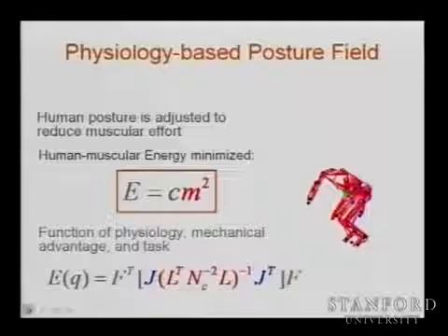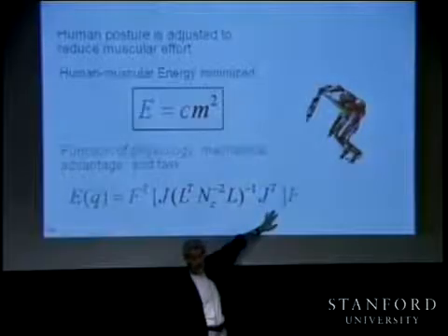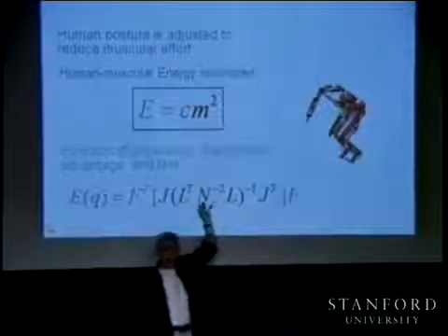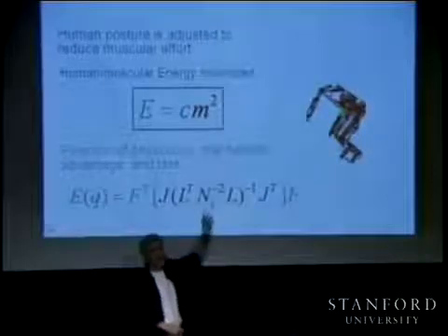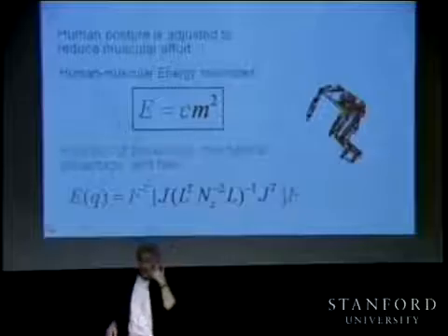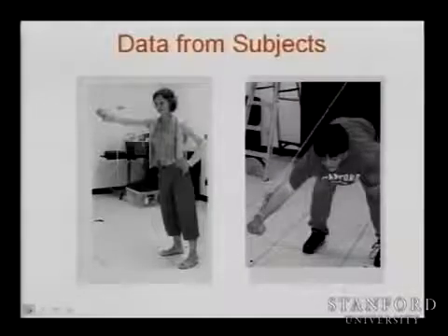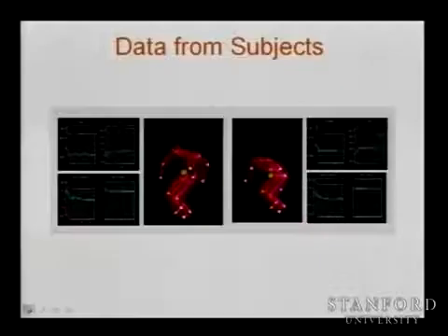It captures your task, the mechanical advantage of the skeletal system, the muscle attachment and the capacity of your muscles. If a muscle is weak, you compensate for it. If a muscle is missing, you compensate for it, etc., etc. So, in fact, it turned out that our student went to the motion capture lab and we did the analysis, and it's amazing.